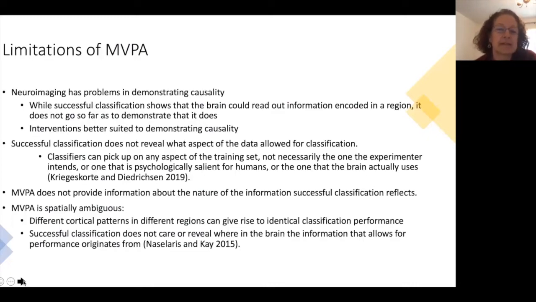And then a further thing is that multivoxel pattern analysis is spatially ambiguous. So different kinds of cortical patterns in different areas can give rise to the very same ultimate performance, that is success in classification. And successful classification also doesn't tell you what information that you're feeding into the classifier is being used in order to result in that classification.